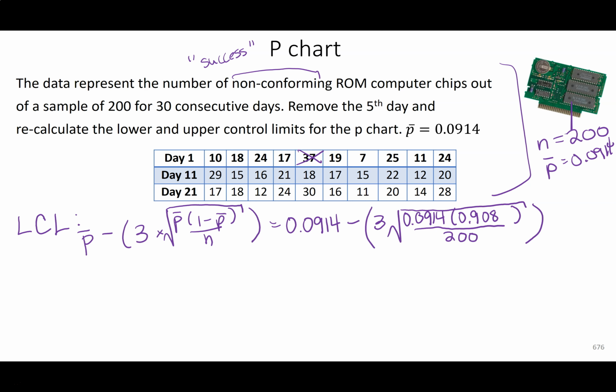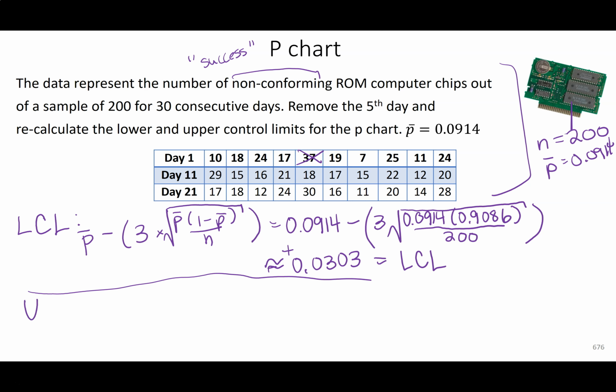Yeah, for starters that should be a 6. So then, rounding a little bit, I end up getting 0.0303. These are proportions, so there are no units. So this is my lower control limit. Note, it is positive, so I don't need to cut it off at 0. It's okay.